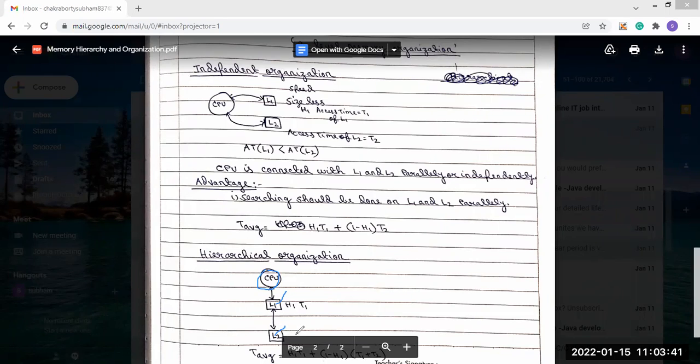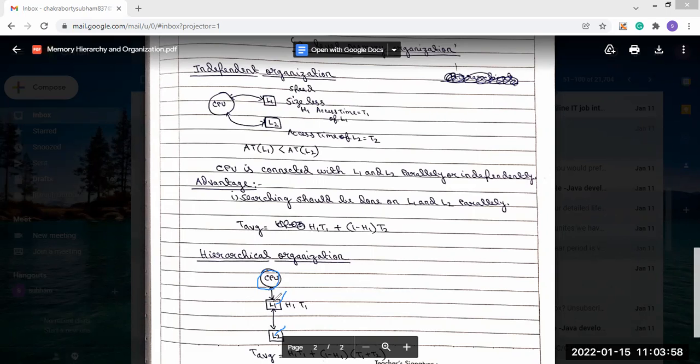L2 has much more capacity, and we are saying it has 100% capacity. The data that is not present in L1 will surely be present in the L2.